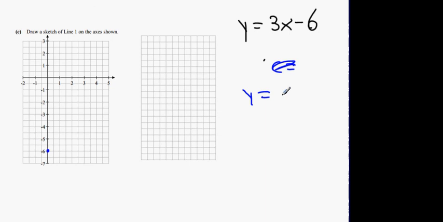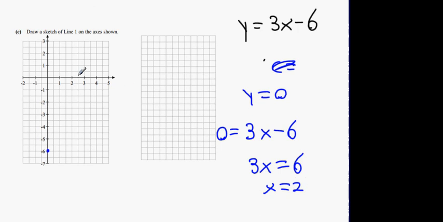What happens when y equals 0? We find out 0 equals 3x minus 6, and then we can find out what x is. And x is going to be, anybody? 2. This means the point (2, 0) is also on the line. That's one way of drawing the line.